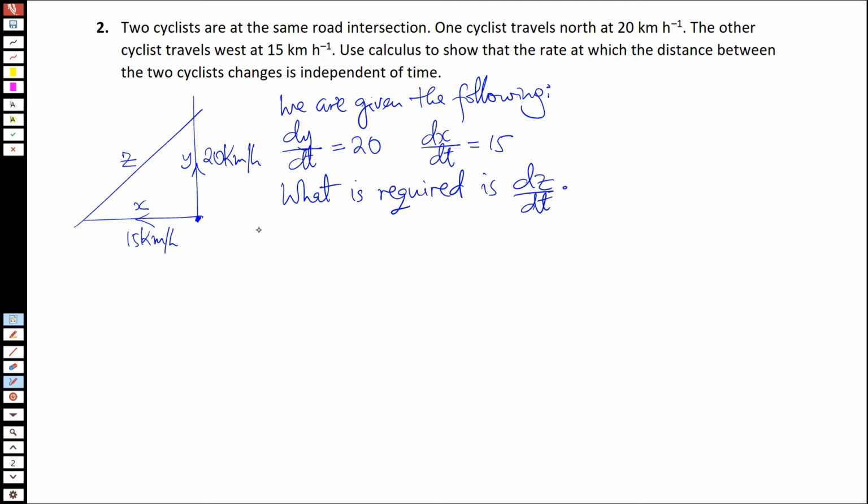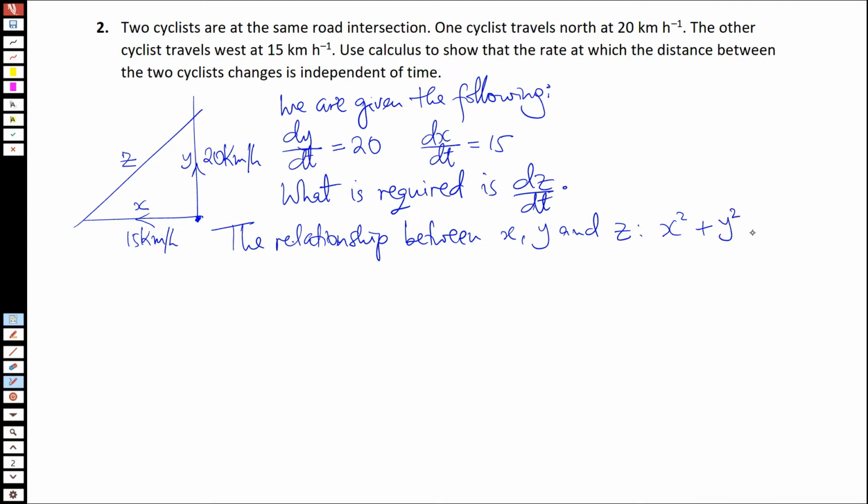The relationship between x, y, and z is that x squared plus y squared is equal to z squared. And we plan to use this relationship to guide us on what we need to do.